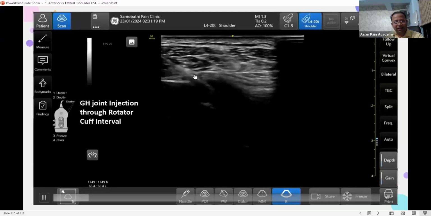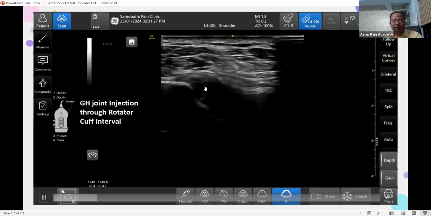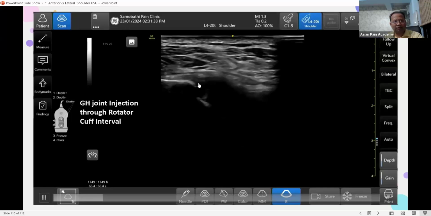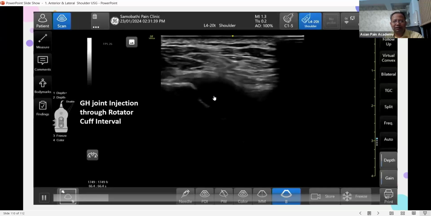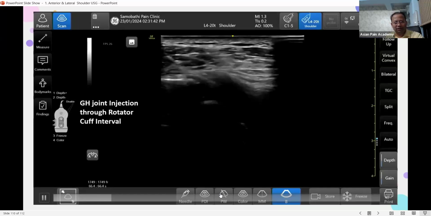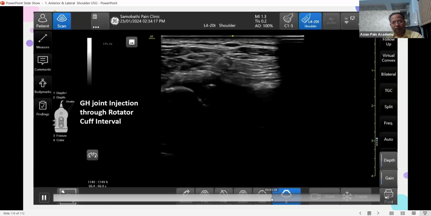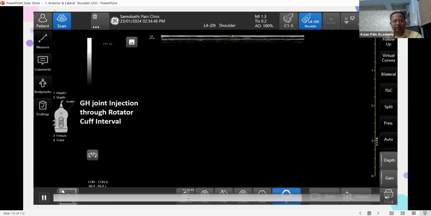You can see this is the tendon, and the needle has come just beside the tendon. So you have to puncture the coracohumeral ligament anyway, and then come under it. So you are just beside the tendon. Fluid is being injected. That's why there is small amount of swelling, but most of the fluid is gone.